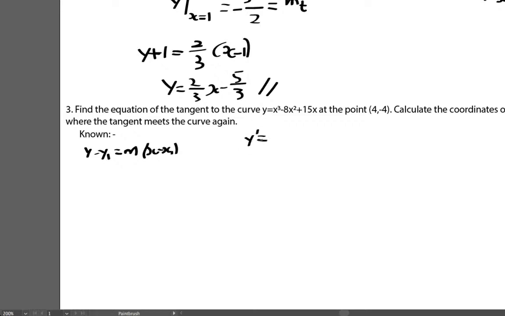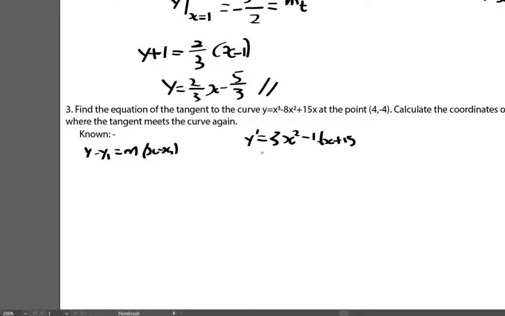It's x cubed, derived, that will be 3x squared, minus 8x squared, that will be minus 16x, plus 15. There you go. And then when you have this, you want to find the gradient of the curve when x equals 4.